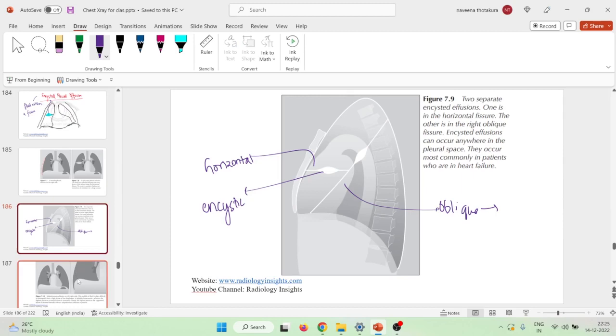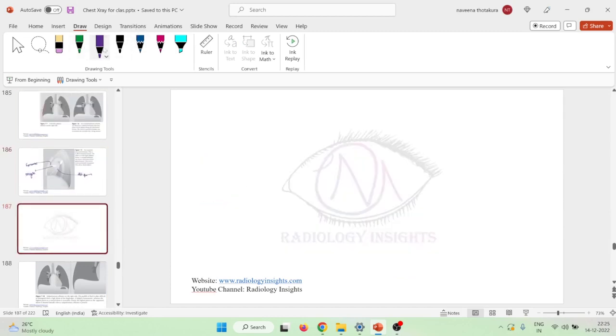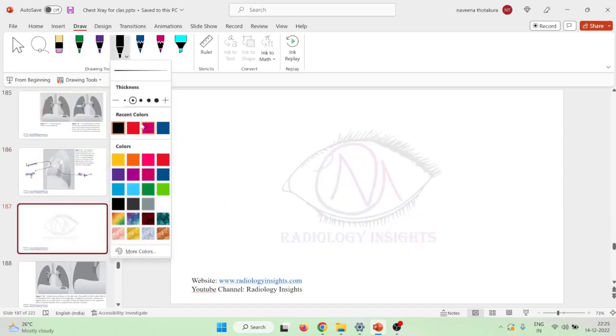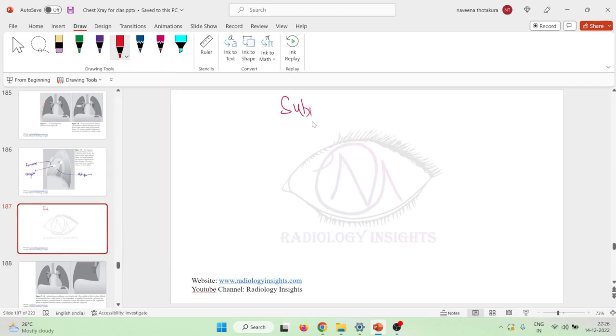Okay, then we have one more type of pleural effusion, which is called subpulmonary pleural effusion. The next type of pleural effusion is subpulmonary pleural effusion.